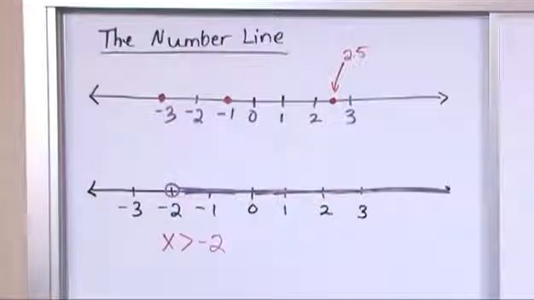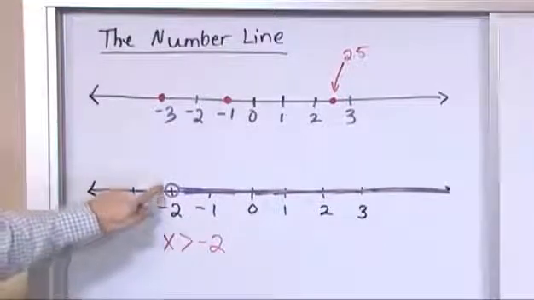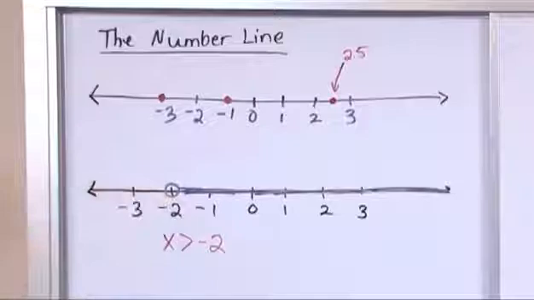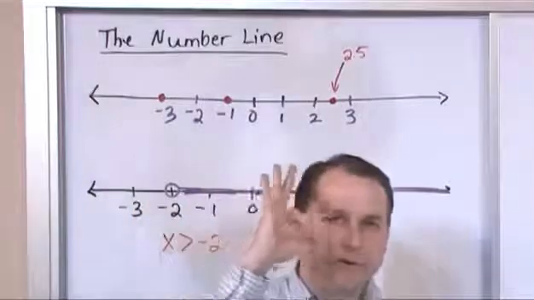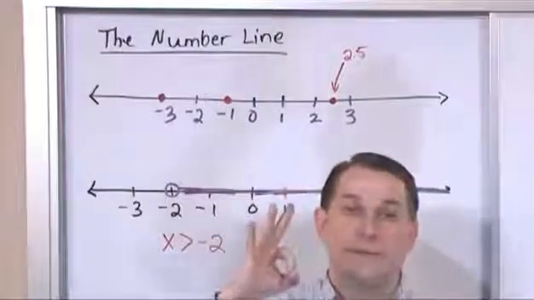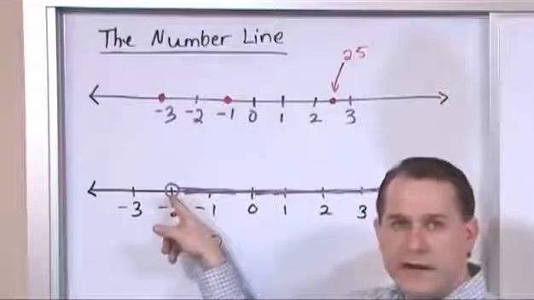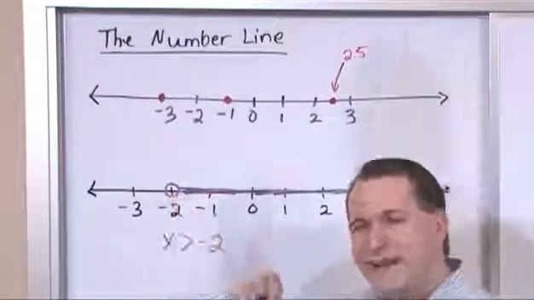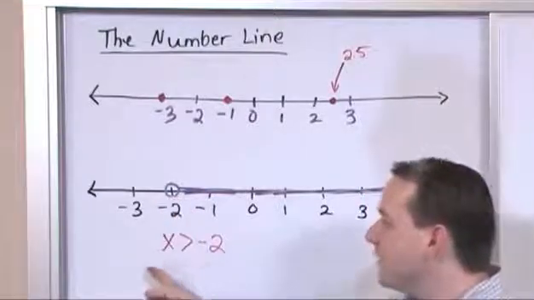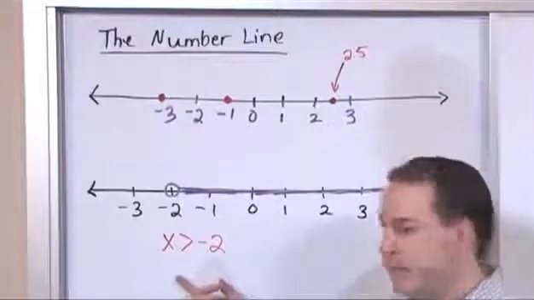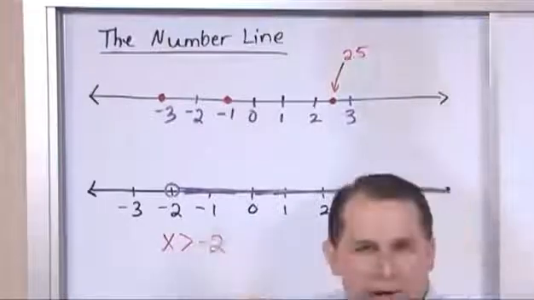Now notice, very, very important, this circle around -2 is an open circle. When you have an open circle, it means that you're representing every point bigger, but you're not including -2 itself. In other words, -2 is not represented in this inequality because we said x is greater than -2.